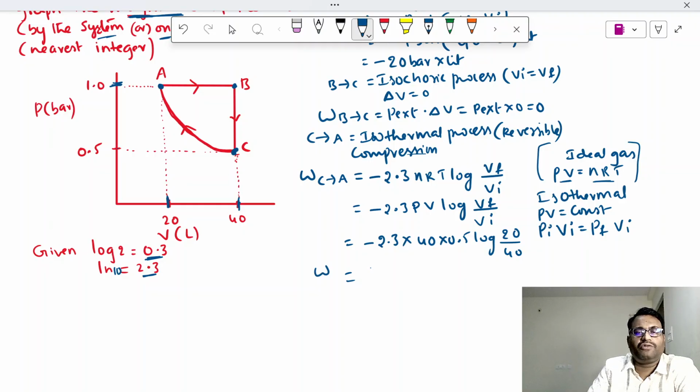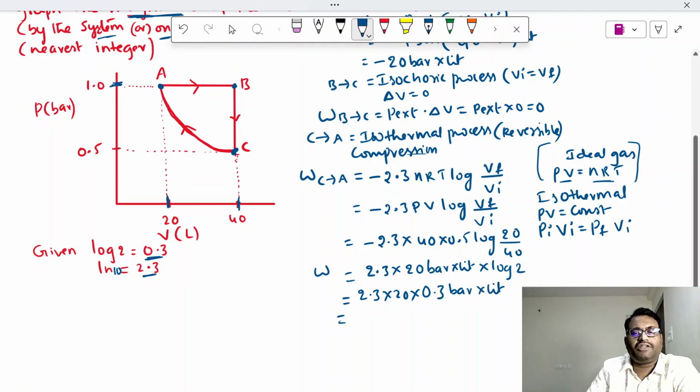So work done is equal to 2.3 into 20 bar into liter into log 2, which is given already as 0.3 in the question.